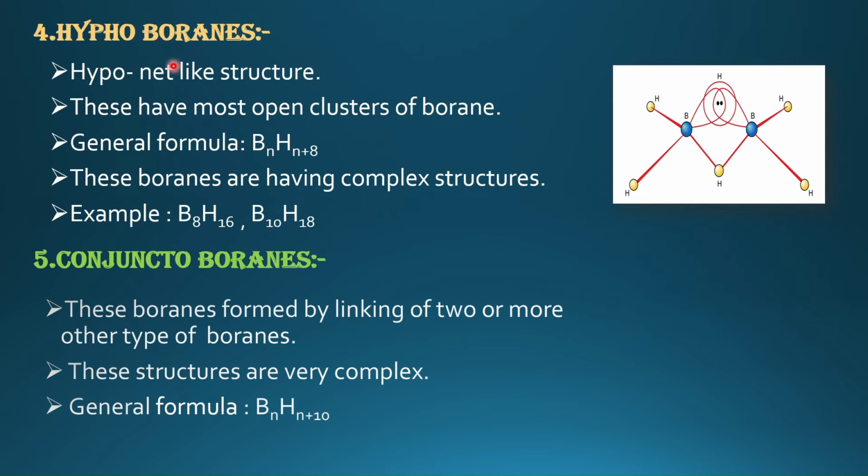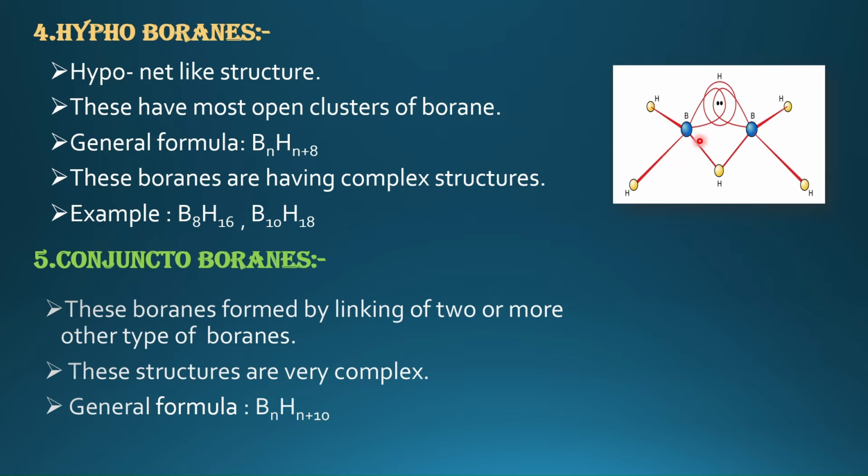Then fourth is hypoboranes. It is a hypo-net-like structure. These have the most open clusters of borane. General formula of hypoboranes is BnHn+8. These boranes have complex structures. Example B8H16, B10H18.